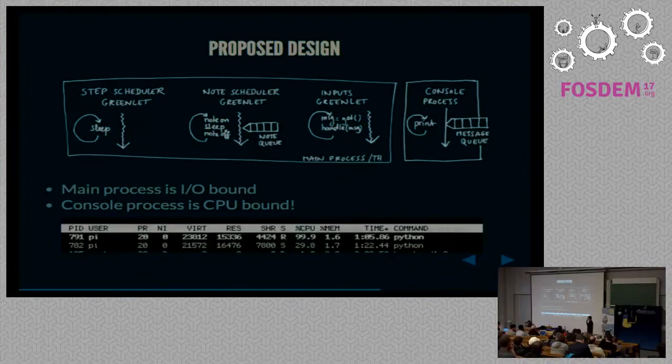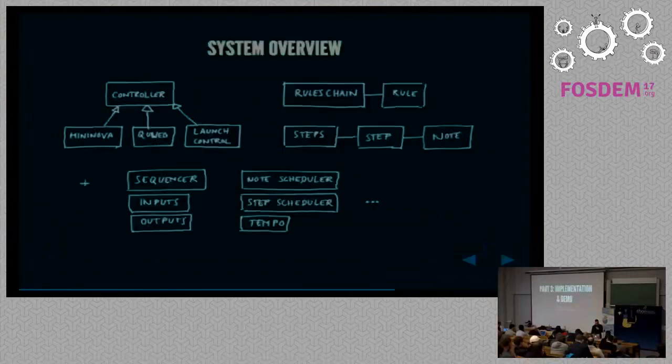This is an extract of the thing running on a Raspberry Pi, and when you really turn the knobs a lot and tweak things in real time a lot, the console printing the messages takes all the CPU. That's a no-go if you are with greenlets because you will lose synchronization.